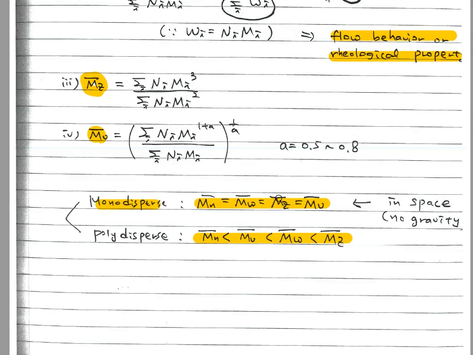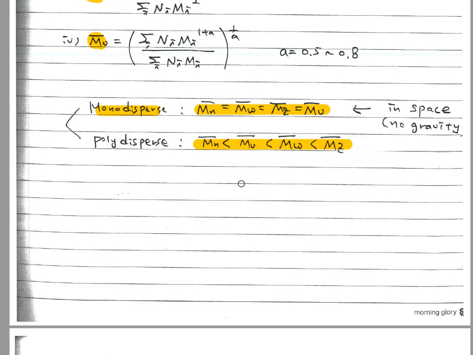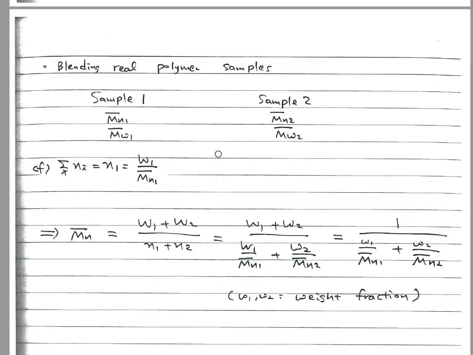All right. So let's see an example. This part is not covered in previous video lectures. Let's consider a case in which we blend two different polymers. Okay? There's sample number 1, there's sample number 2.